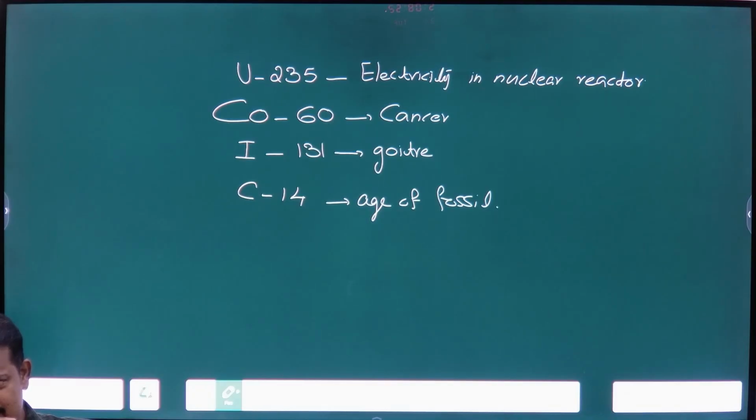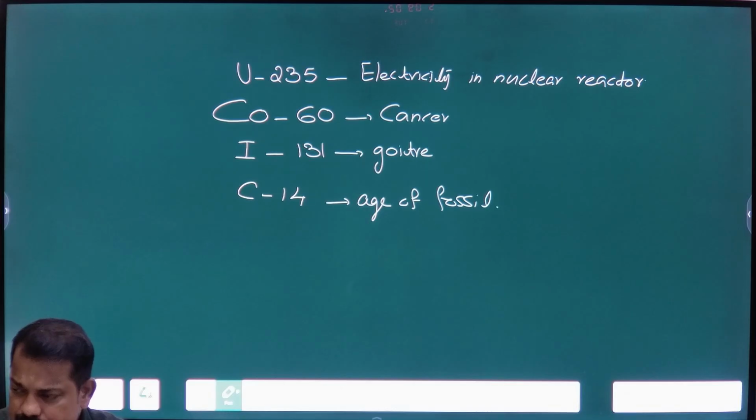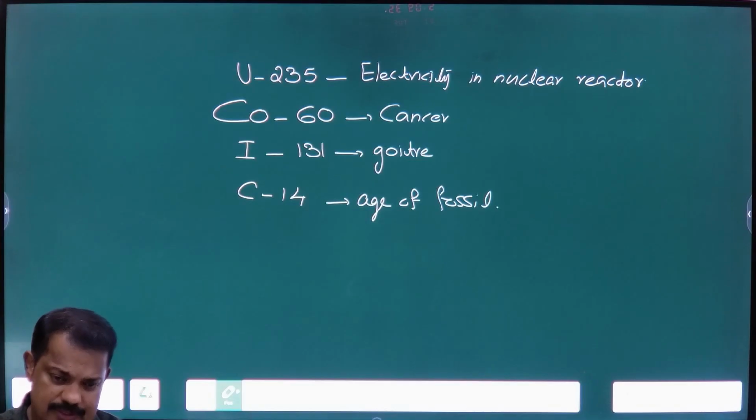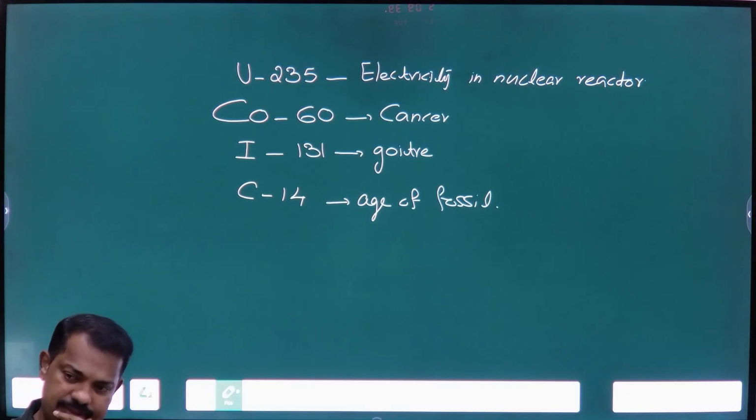Second, the isotope of cobalt, write in bracket Co-60, is used in the treatment of cancer.